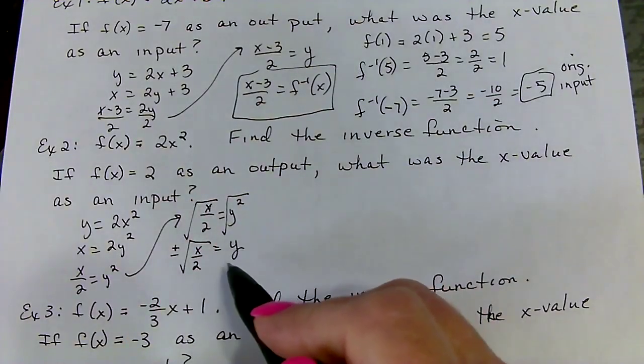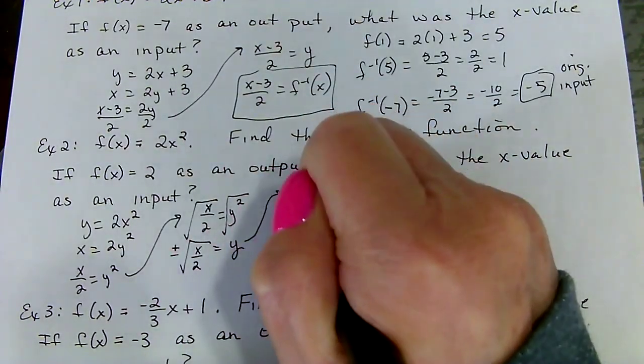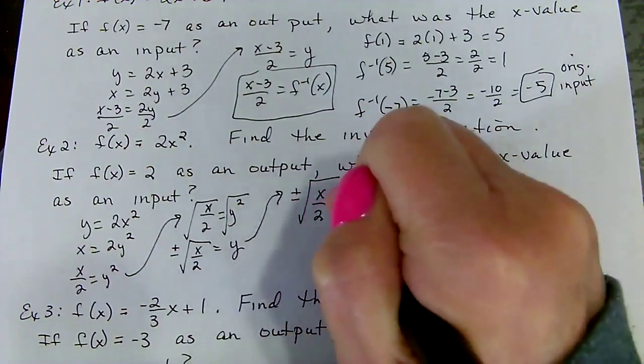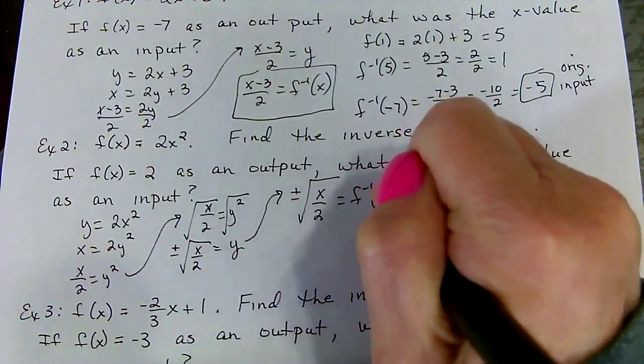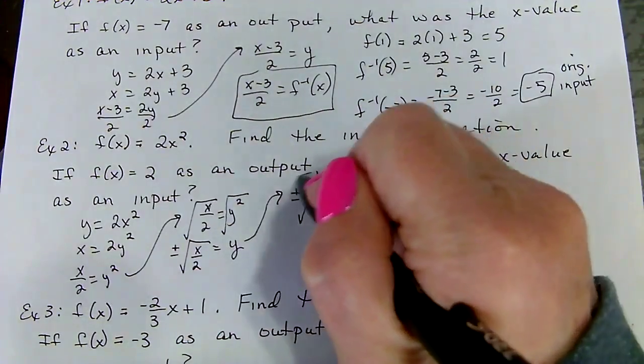And then I replace my y value with f inverse. So I'm going to bring that on up here, and I'm going to say plus or minus the square root of x over 2 is equal to the inverse of x. So here's our inverse.